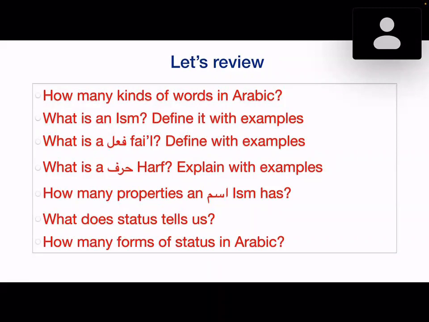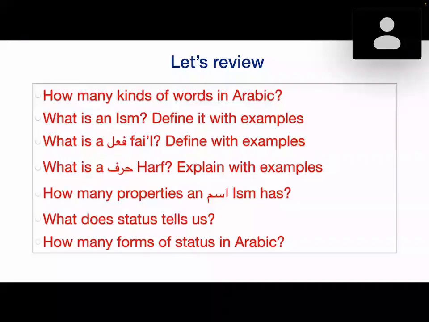Name of a person, place, thing, idea, adjective, adverbs, and more. Very good. So basically ism is a name of a person, place, idea, adjective, and more. And how is it different than English? In English, it's only person, place, and thing.